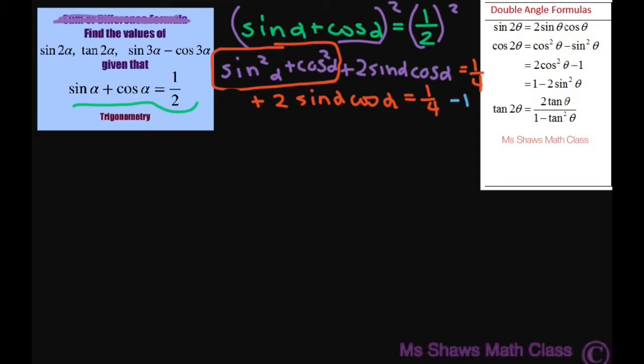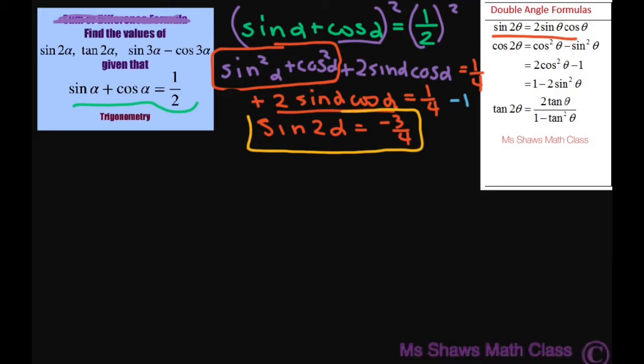And then I also know from my double angle that 2 sine of alpha cosine of alpha is sine of 2 alpha. And 1/4 minus 1 is negative 3/4. So we already did our first problem there. All right. Now that we have that, everything else is going to fall into place.